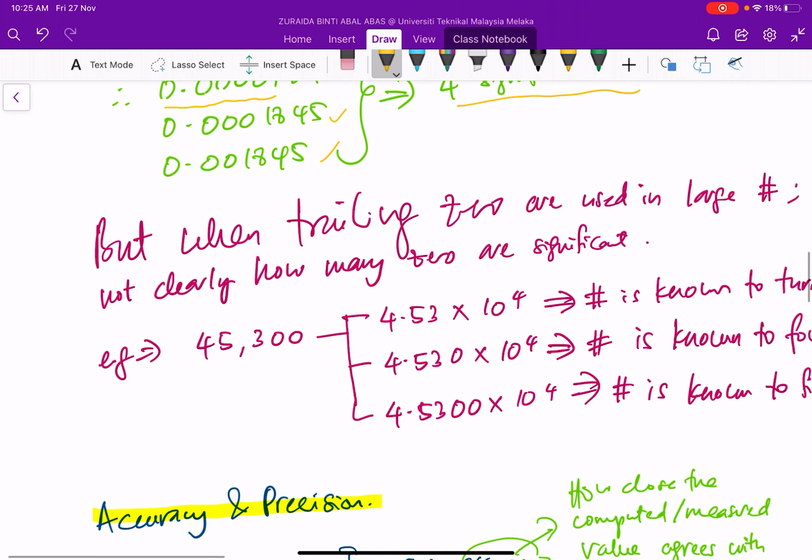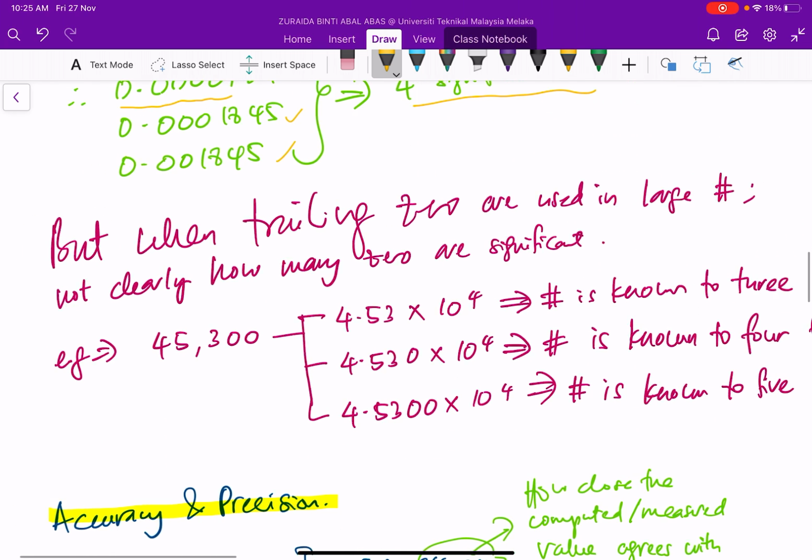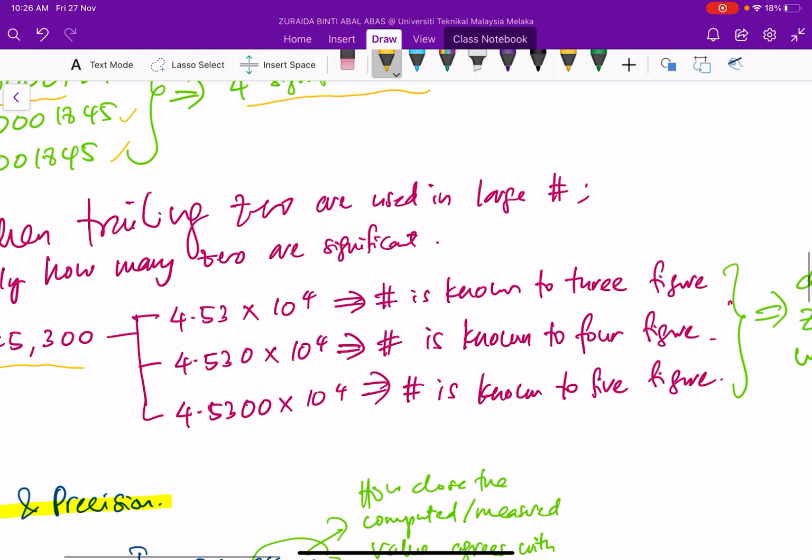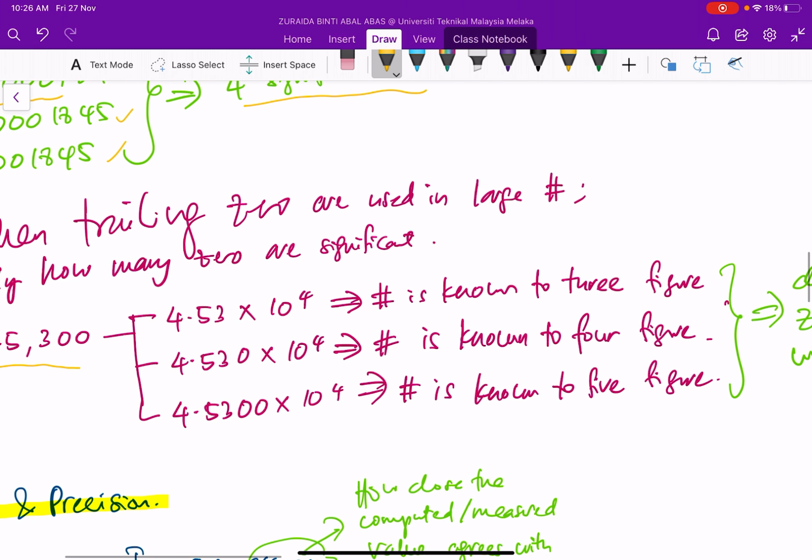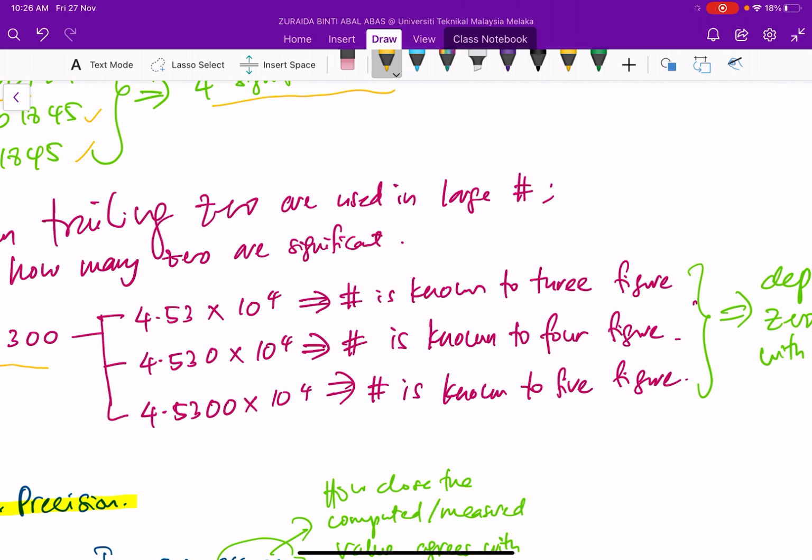But when trailing zeros are used in a large number, it is not clear how many zeros are significant. For example, we have 45,300. The number of significant digits depends on how you represent it. For 4.53 times 10 to the power of 4, it is known to 3 digits because we are representing 3 digits here.